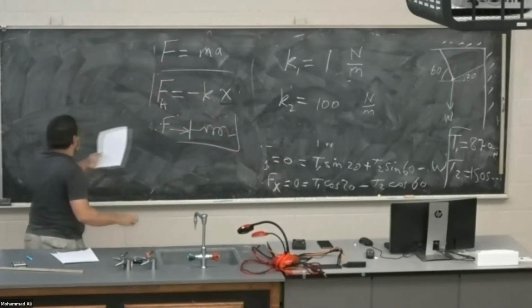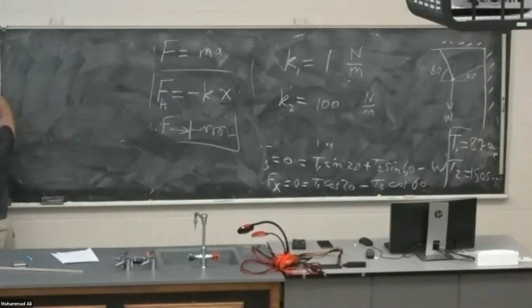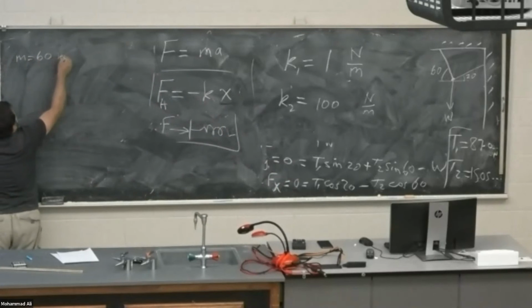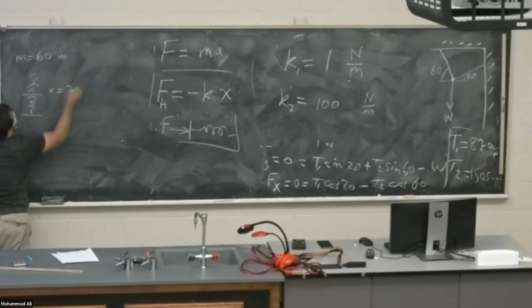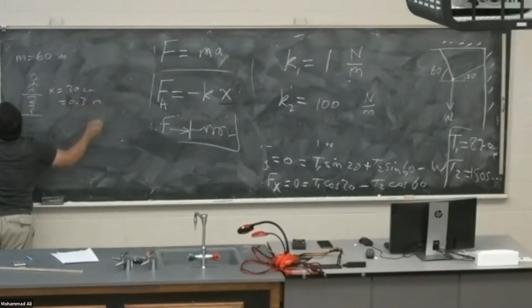Look at the example at the bottom of that page. For the first one, m is equal to 60 kilograms on top of a spring, and x equals 30 centimeters, which is equal to 0.3 meters.